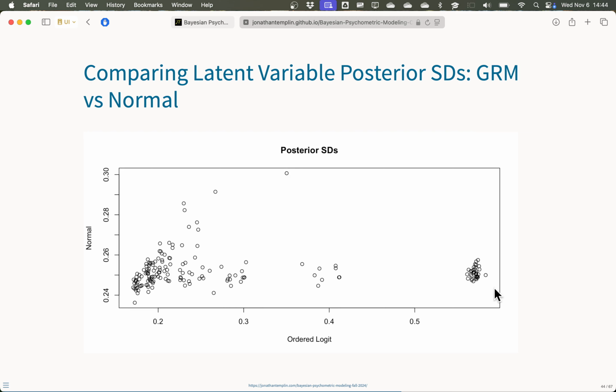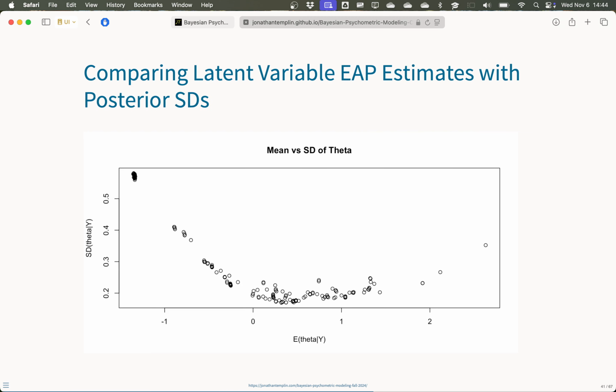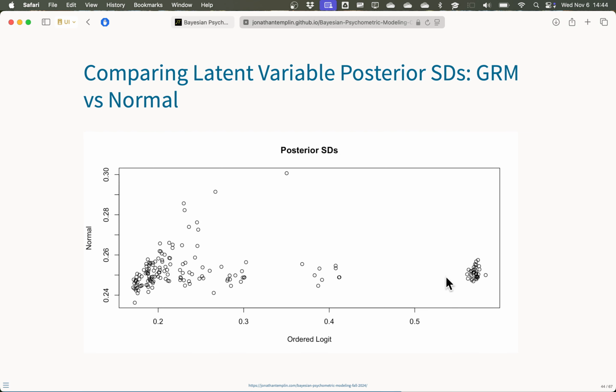The big pile of people who are down at 0, in particular, this pile right here, you can see them on the plot. They're those people right there. These people, you take a look at the difference. Basically, the lowest score we have, based on our lowest EAP estimate of theta, has a much larger standard deviation than what we would see in the factor analysis model. And again, this is caused by the nonlinearity induced with our distribution, the categorical distribution, and with our link function.